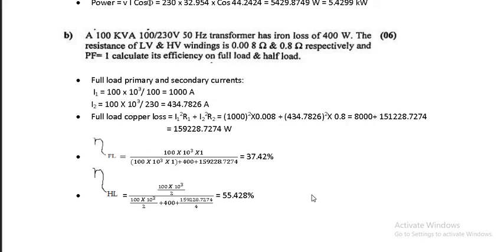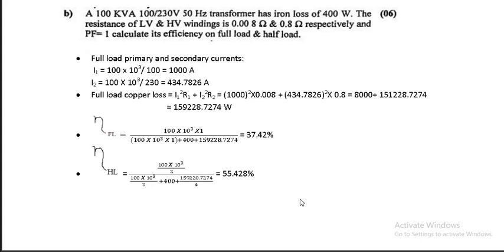Because this loss is proportional to the square of the current. So if the current is twice, this loss will be 4 times. If the current is half, this loss will be 1/4. Multiplying by 100, that comes out to be 55.428%. So this is one paper.